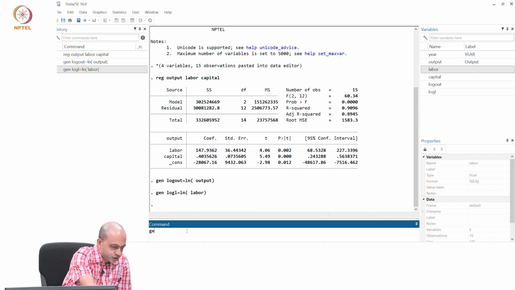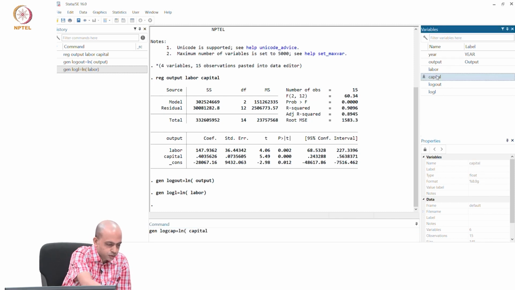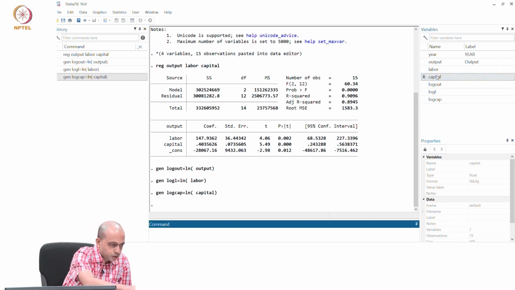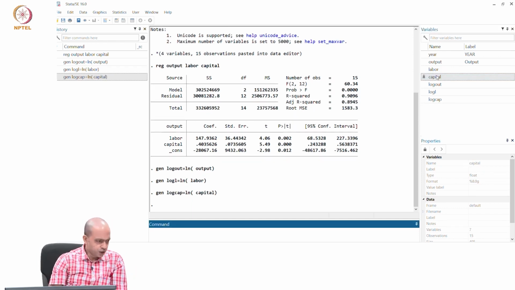After that you put gen log capital, or let us say I will put log cap equals to ln within the bracket capital. Okay. So, now I will use the second model where x is log transform, but y is not.